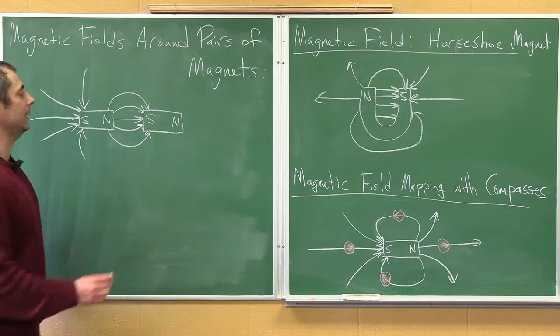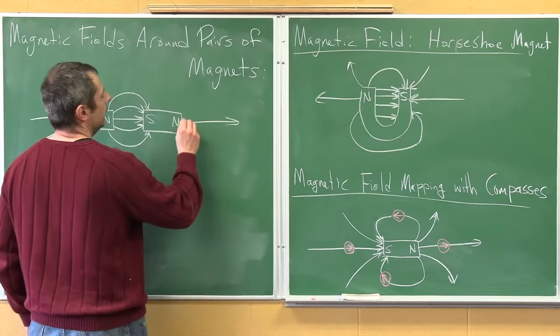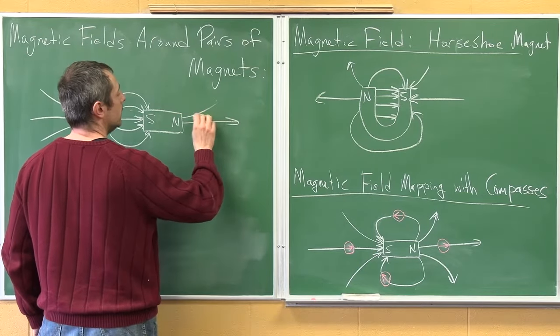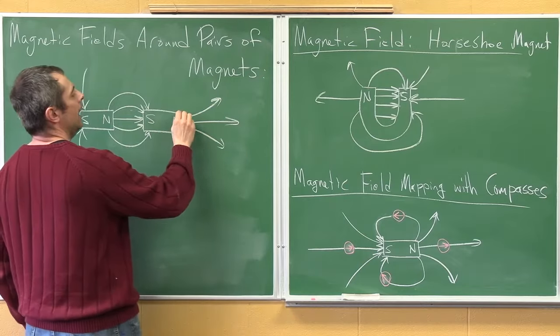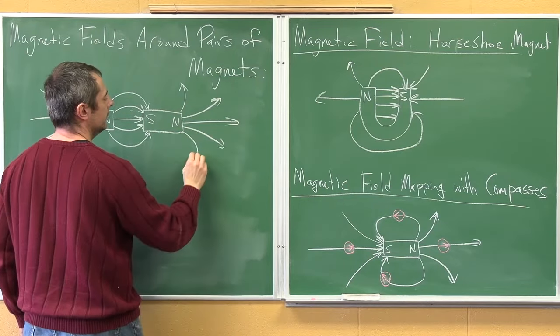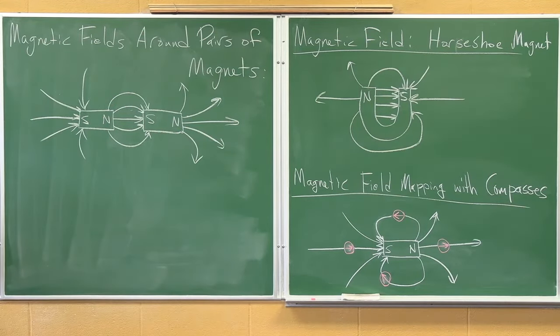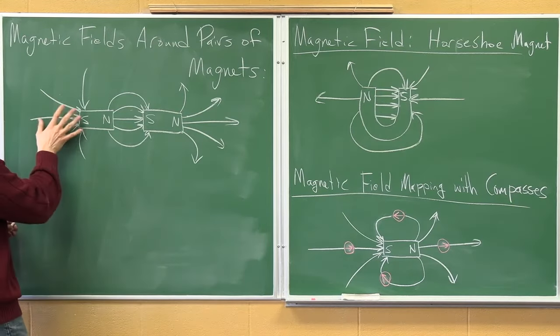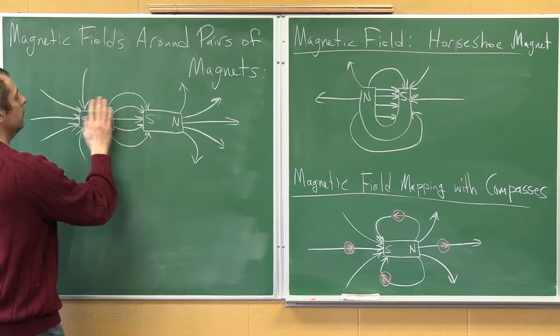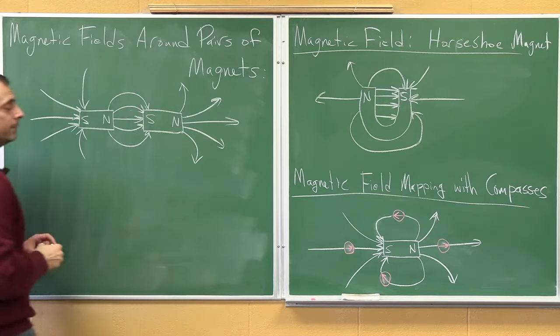I've got to have 5 coming out of the north. So I could do one like this, 3. Now I need 2 more, so maybe I'll go like this. There. Now this satisfies all the rules. Out of north into south, out of north, equal, 5, 5, 5, 5.